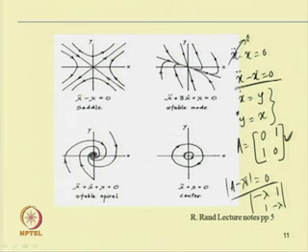By finding the roots of lambda square minus 1 equal to 0, one can study whether the point is stable, marginally stable, a saddle point or a node point.